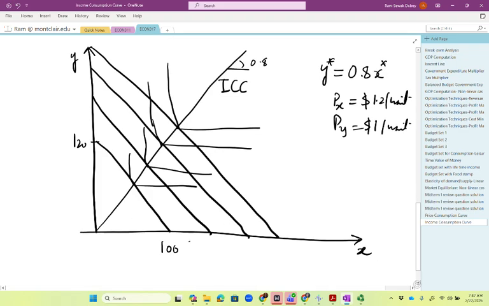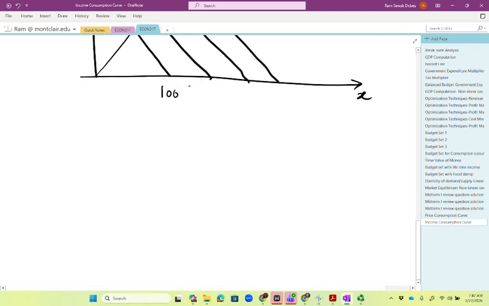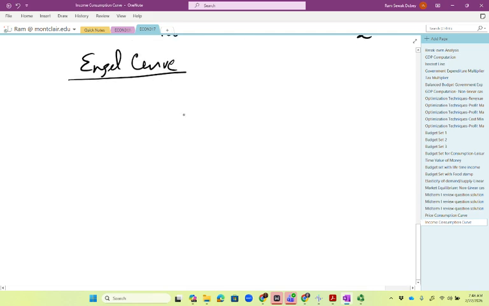Given the income consumption curve, we are also able to draw the Engel curve, which is the choice of good X, one of these two goods, at the optimal consumption bundle when the income of the consumer changes. So let me write down the values of income and X star to plot the Engel curve.